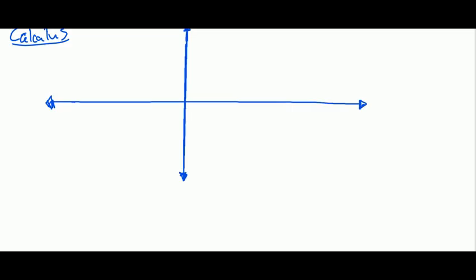So let's say you are given a graph that is like this. Let's say you are given a graph f of x. Let's name our graph f of x. So let's say the distance from the origin, which is 0, up to here is x.